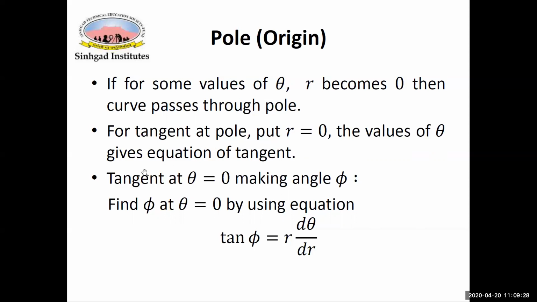Then once you get the tangent, you have to check what angle is made by that tangent at theta equal to 0. So this point is a little bit different from the parametric case. Here, to find the angle made by the tangent at theta equal to 0, we first have to calculate tan phi.